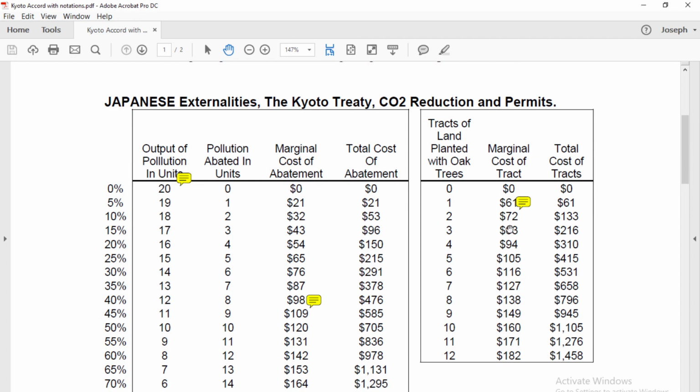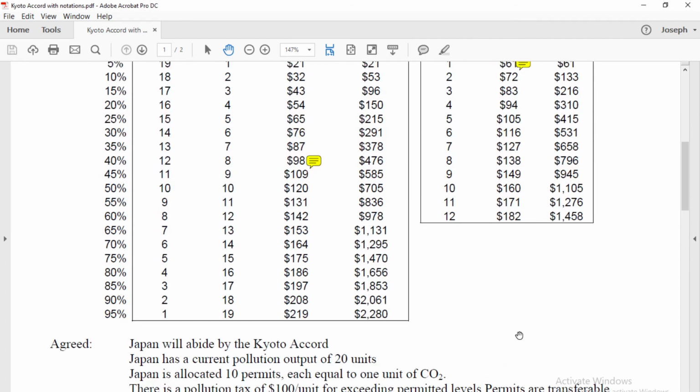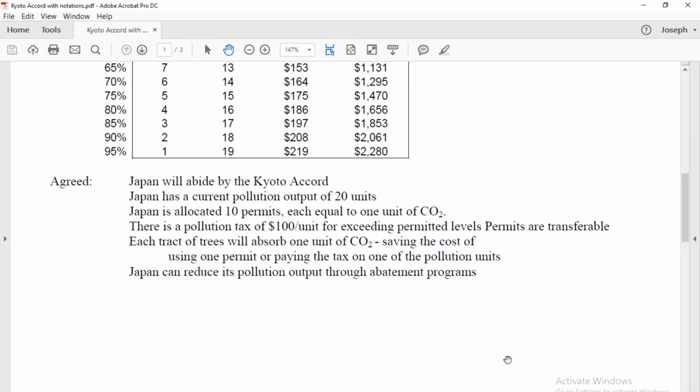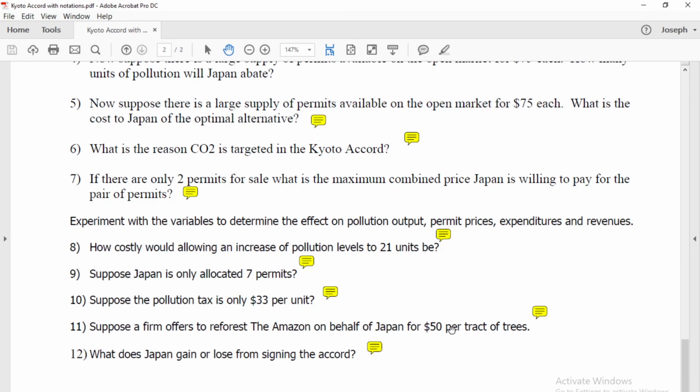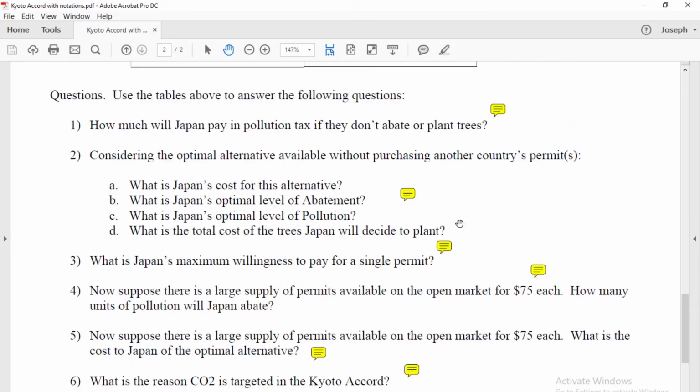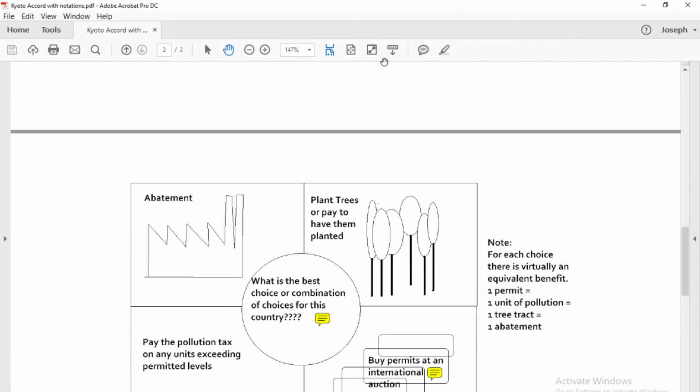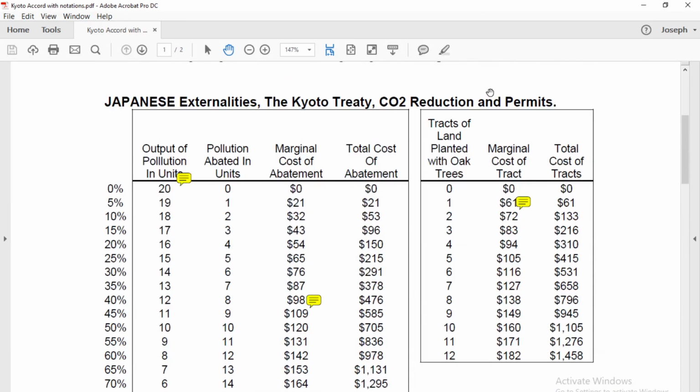Then they would be willing to pay you for as many tracts of trees as the market will bear, and that would fund your production of the trees. Japan would rather pay you $50 to plant trees than plant trees themselves, because all their trees are very expensive, taking up precious resources. But you could do it in an area that makes a lot of sense to everybody involved.